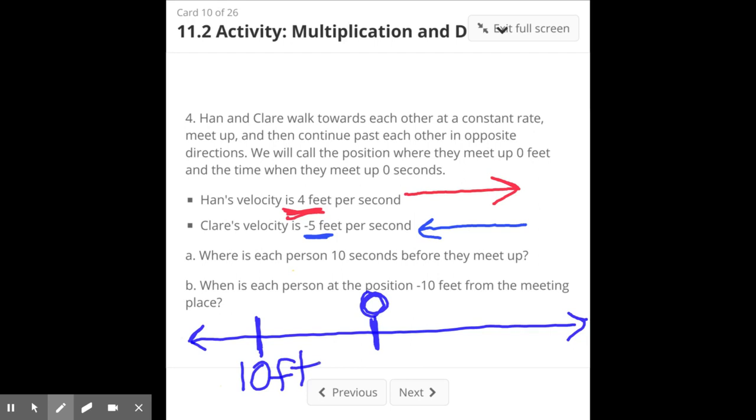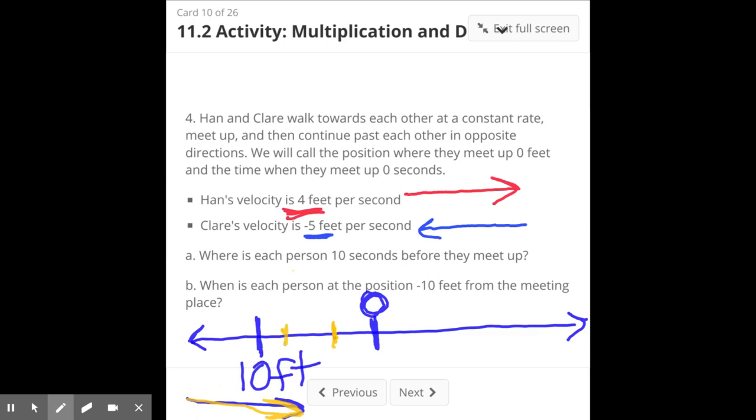So Han, since he is coming from this direction, moving that way, and let me get a different color for Han. Han's going this way, right? So Han is at 10 feet. Remember, he goes 4 feet per second. So he's kind of going to have 4 feet, 4 feet, and then 2 more.